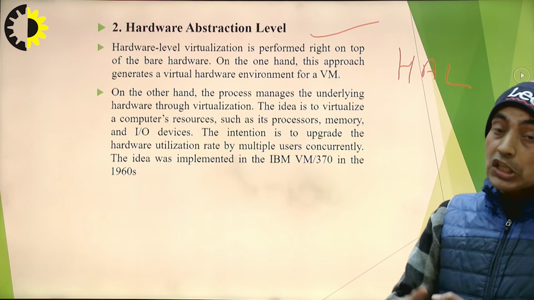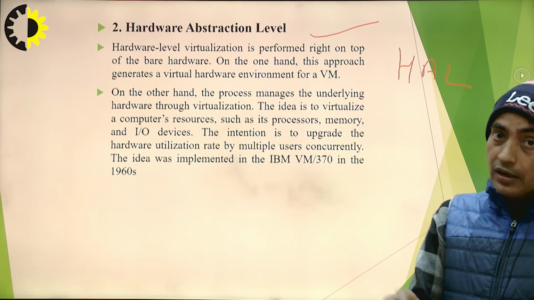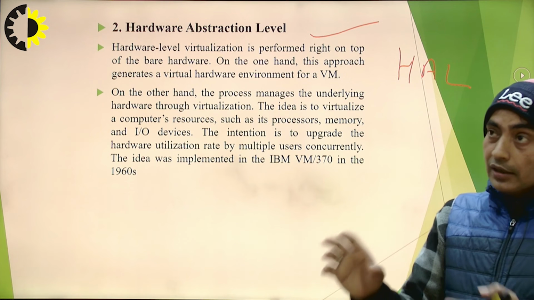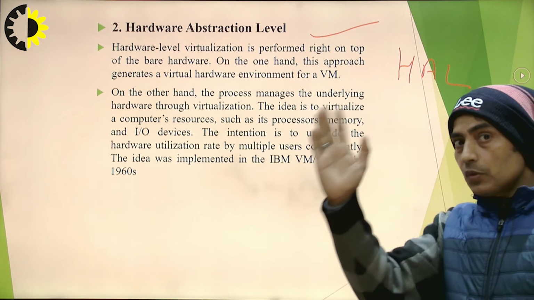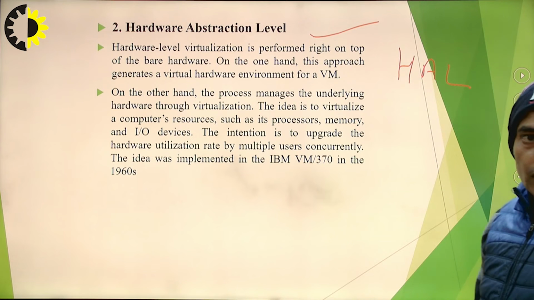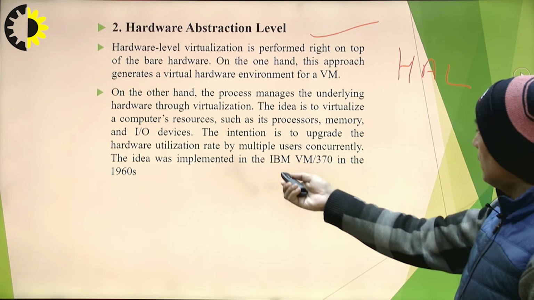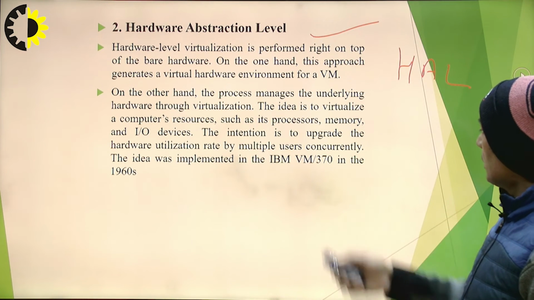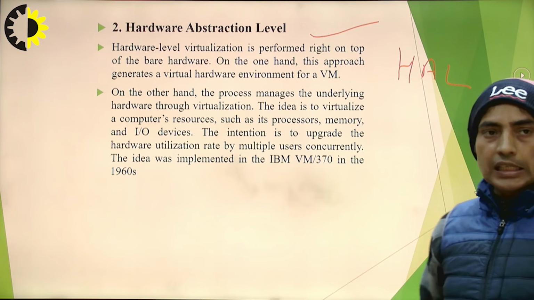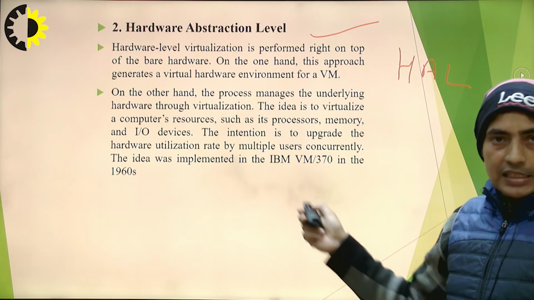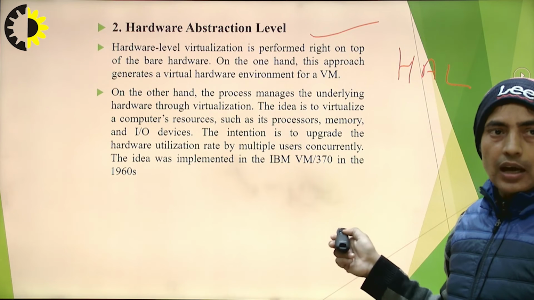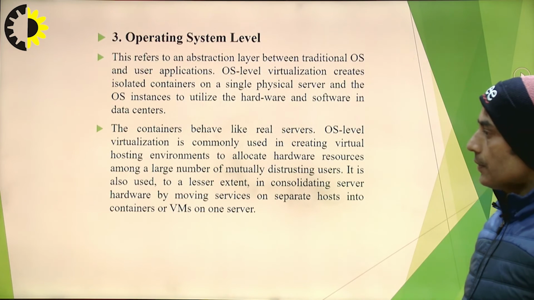That means the same physical hardware is virtualized and shared among a number of virtual machines. An example of this is the IBM VM/370 in the 1960s, where this concept was used by IBM.